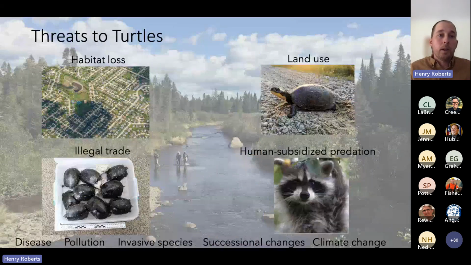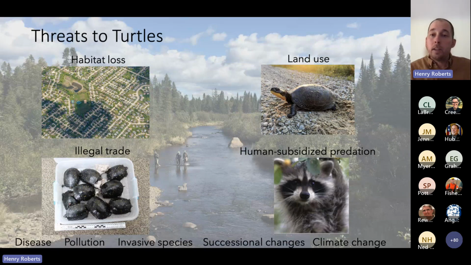So you can imagine when we start to introduce threats to turtles like habitat loss, land use, illegal trade, human subsidized predation, and the myriad other factors that affect turtles across the globe, we start to see population declines. And some studies have suggested that even removing a single reproducing individual from a population every year can result in relatively steep or dramatic population declines.